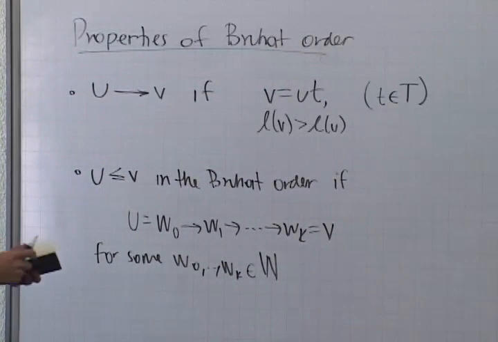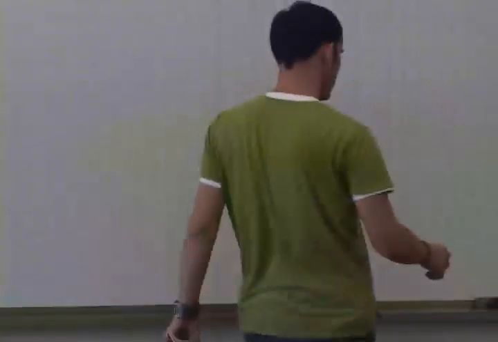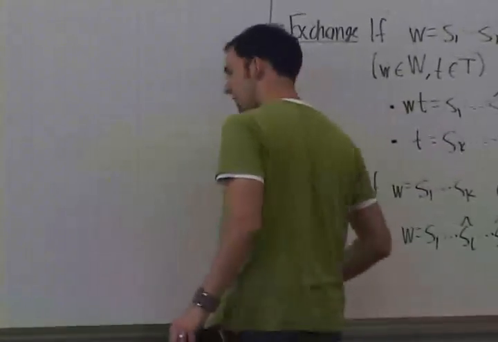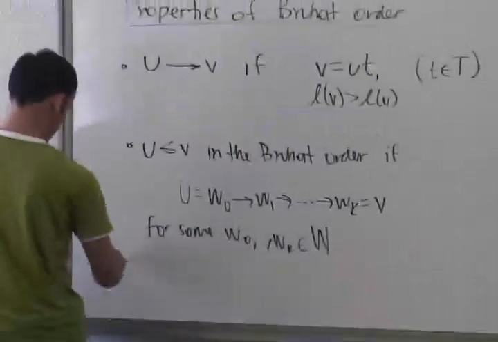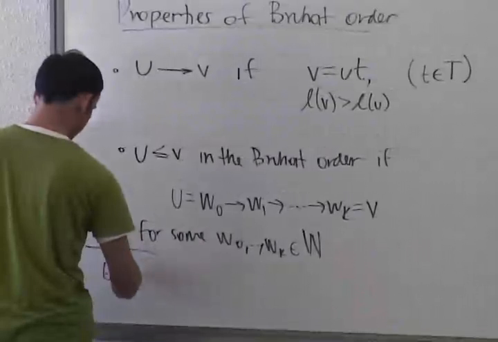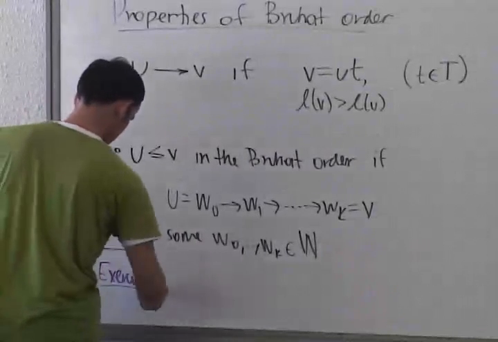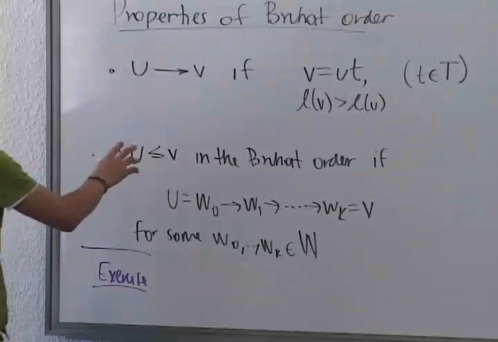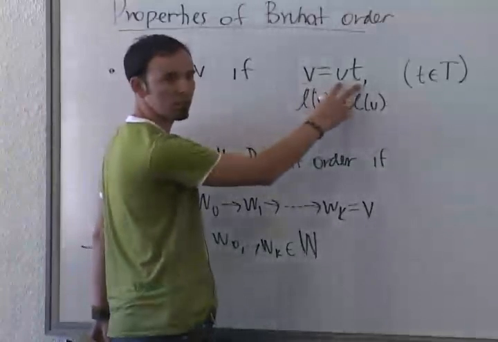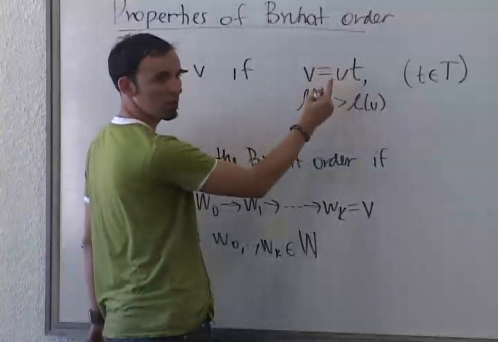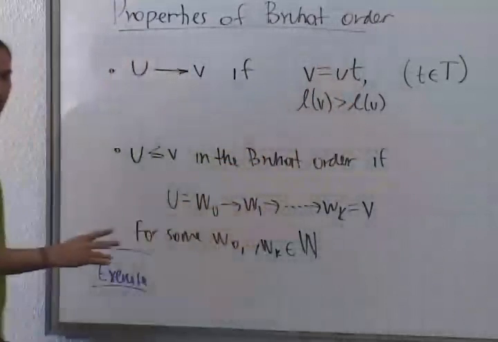Any questions about this? Actually, let me give you a good exercise. If I made this definition, but instead of writing v equals u t, I wrote v equals t u, I would get an equivalent thing.